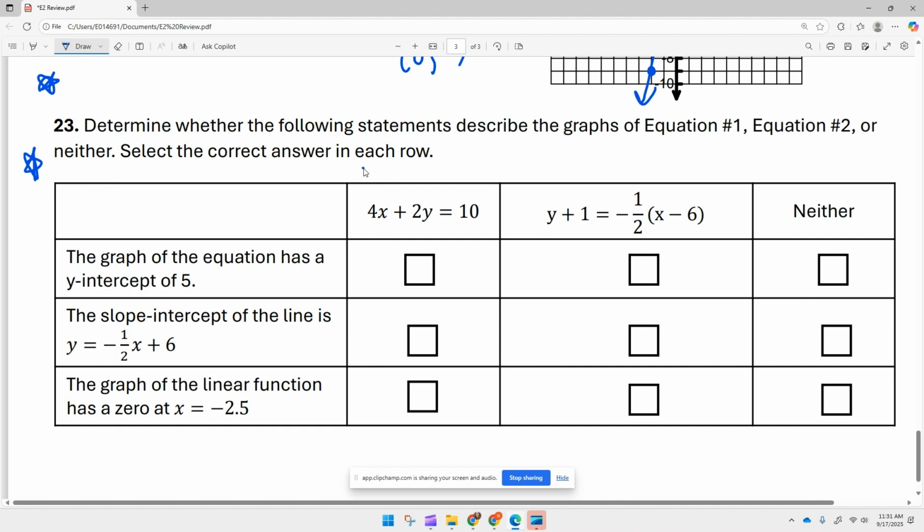So that becomes 2y equals -4x plus 10. We're going to divide everything by the coefficient of y, which is 2. So this equation becomes y equals -2x plus 5.